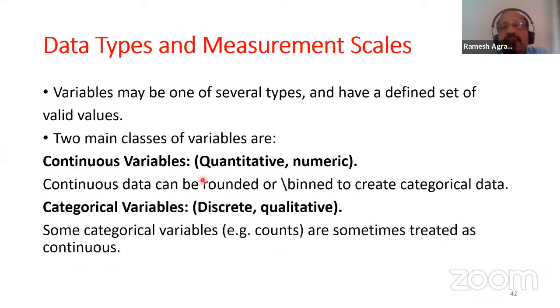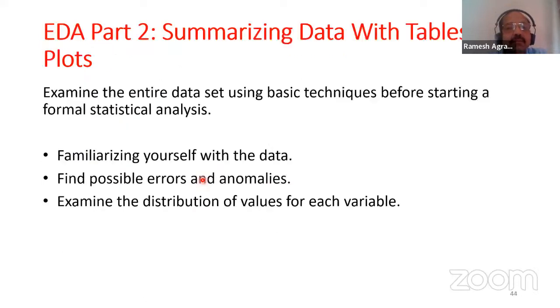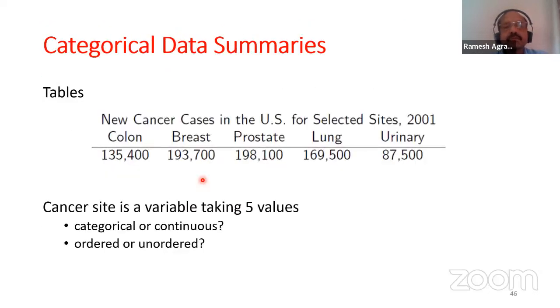Now, I have already described the different kinds of data types. Let's take the help of an example. Let's say you have collected the data of cancer cases in the US. This is from 2001 data. This tabular form is giving you much better information than going through the whole data.